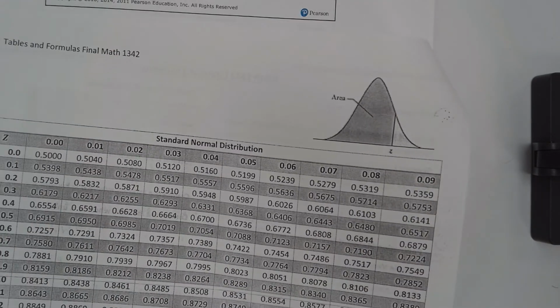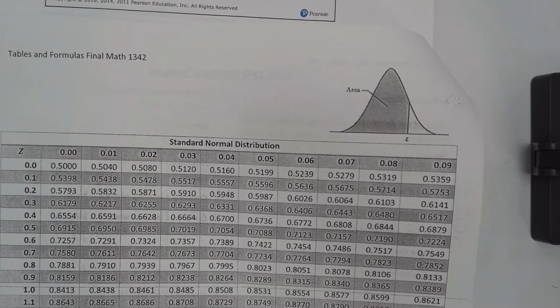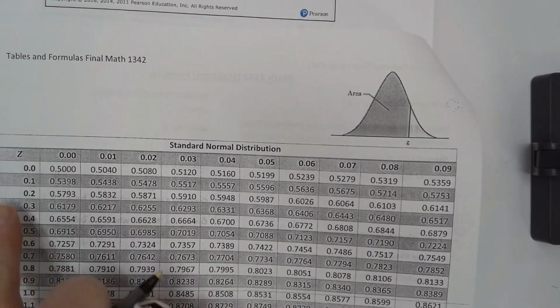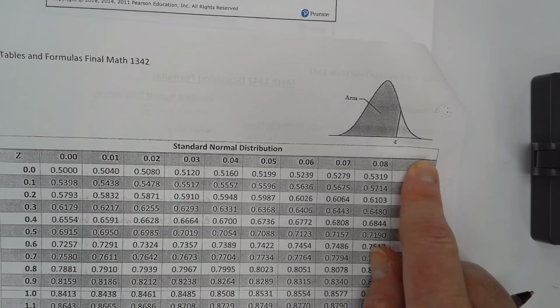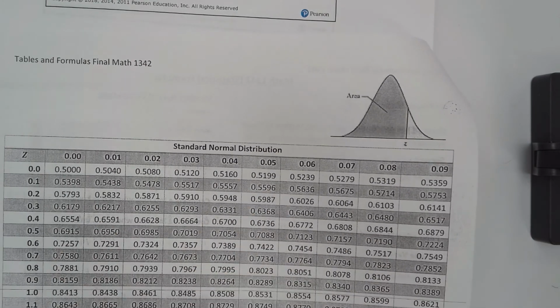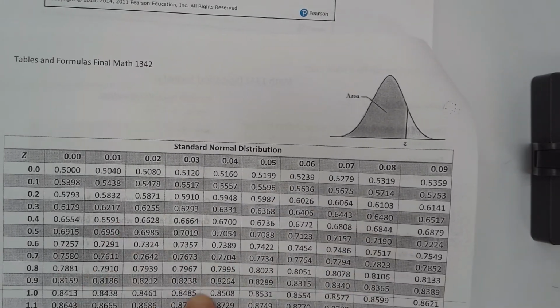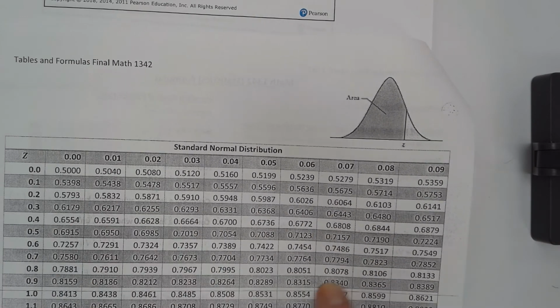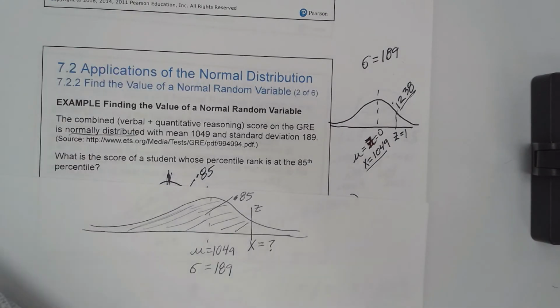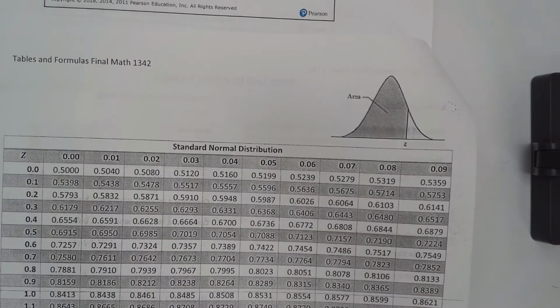When you look at the positive z table, the first column and the top row represent the z value, but the numbers in the body of the table represent the area. So you have to look through those numbers and try to find what's closest to 0.85.